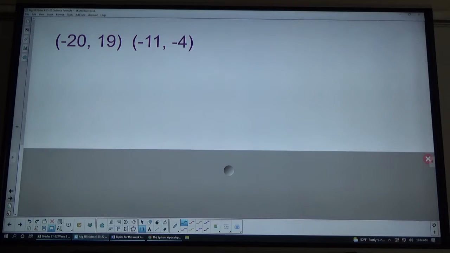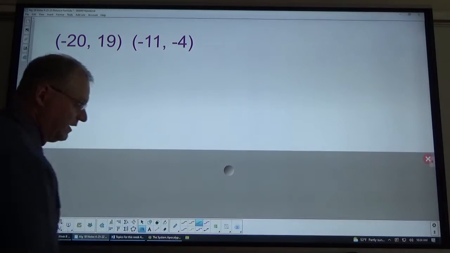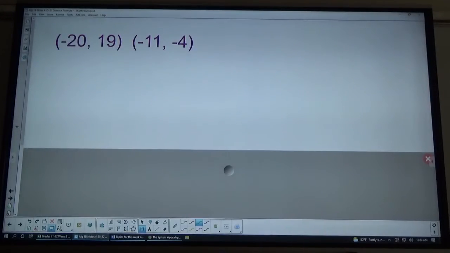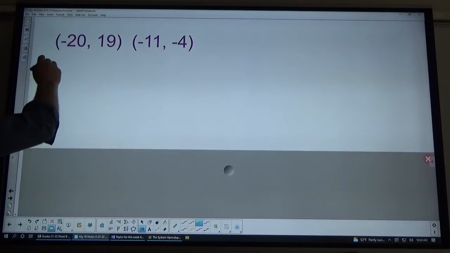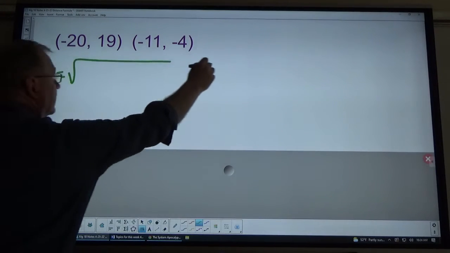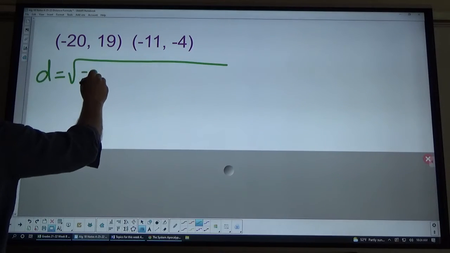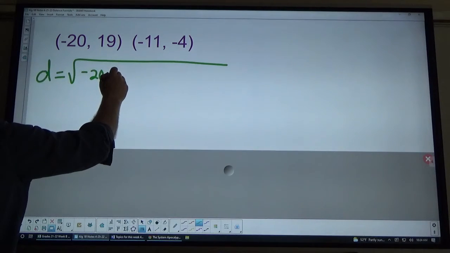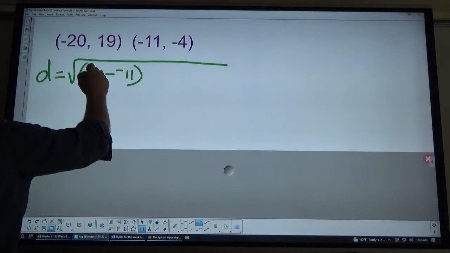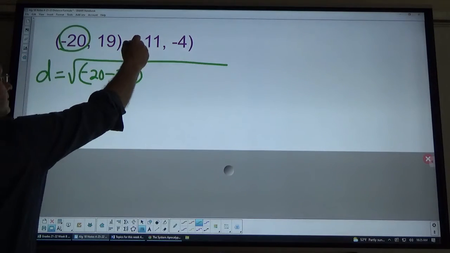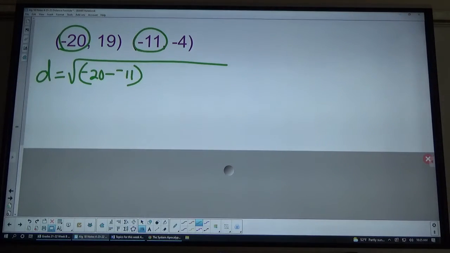Here's our next example. Have a total of 5 slides today. Distance equals square root of negative 20 minus negative 11. Make sure that you're using the first term in each, not the first and second together.